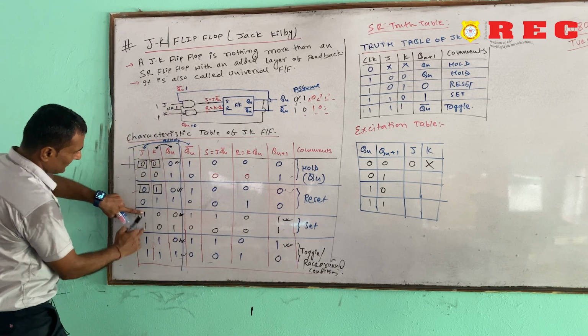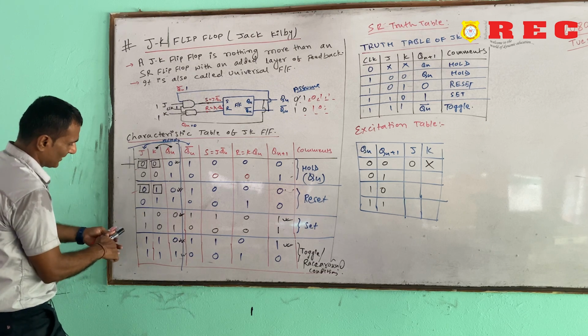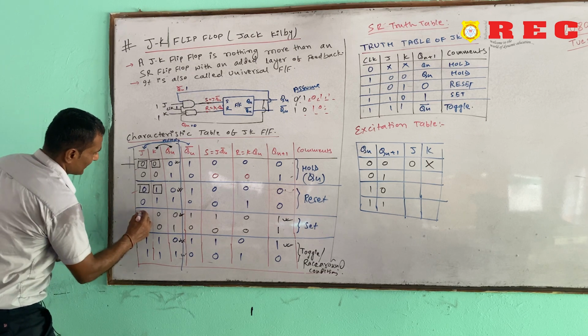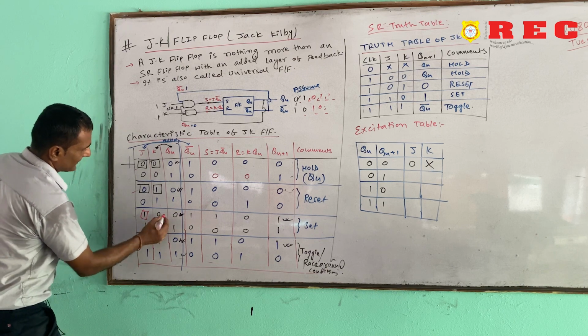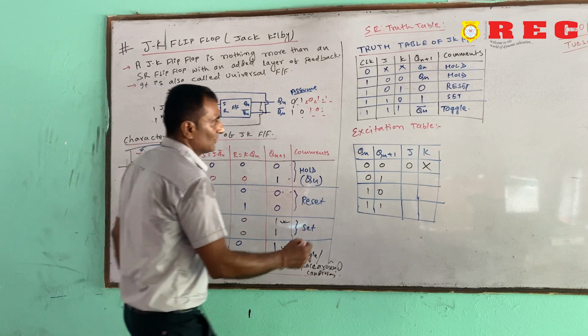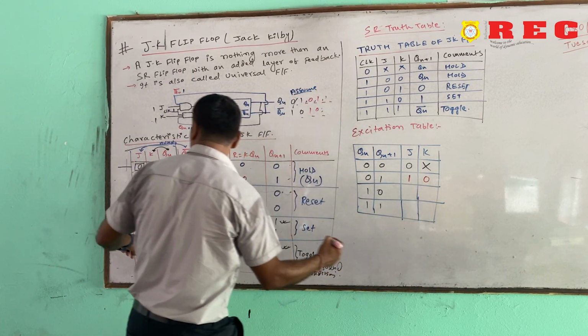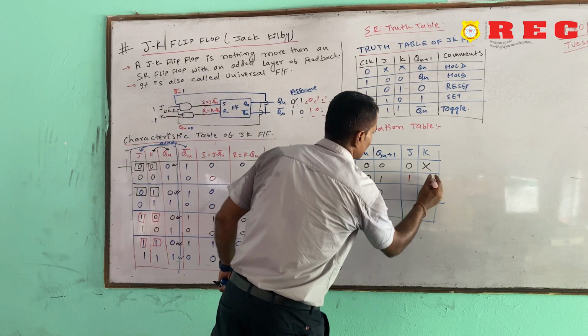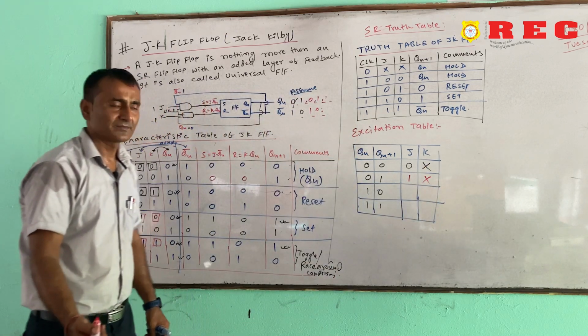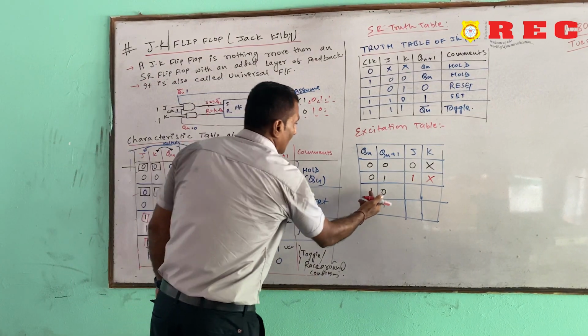At that time the value of J is 1 1, and the K is 0 1. Again we can write 1 and X, because the value is changing. This is our excitation table of the JK flip flop.